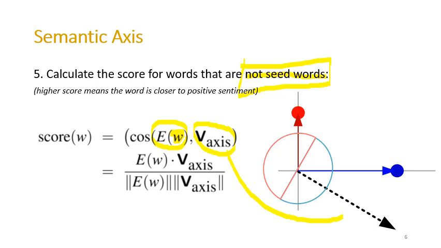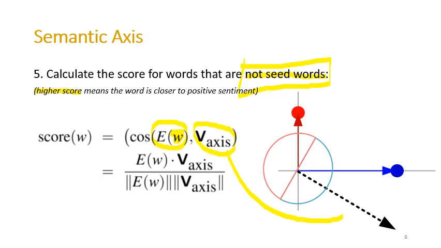And this score will tell you how positive the word is. The higher the score is, it means that the word is closer to positive sentiment.